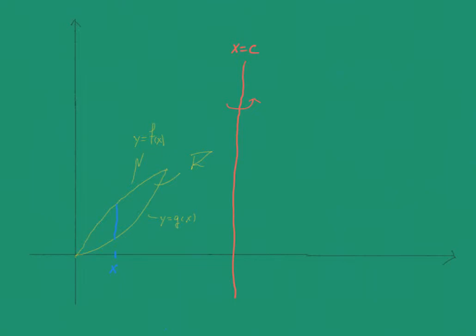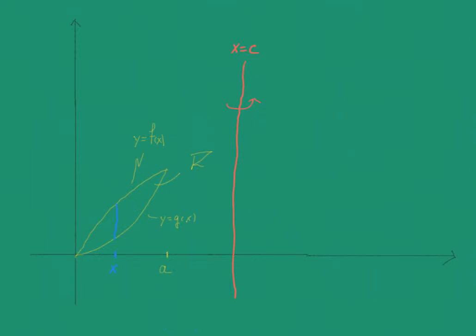So to determine what method we should use, again, because our region is described as being bounded between two functions of x, I consider the vertical line at x for each x between 0 and a in this case, and I think about what sort of shape will be traced out if we rotate just this line segment here about the line x equal to c.